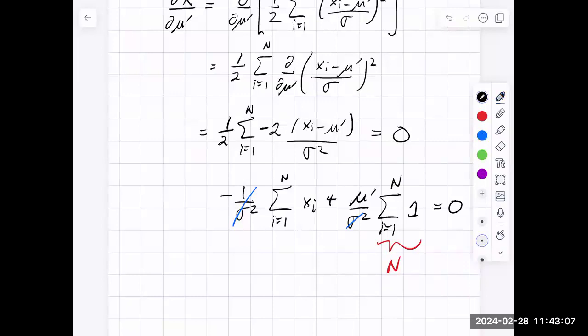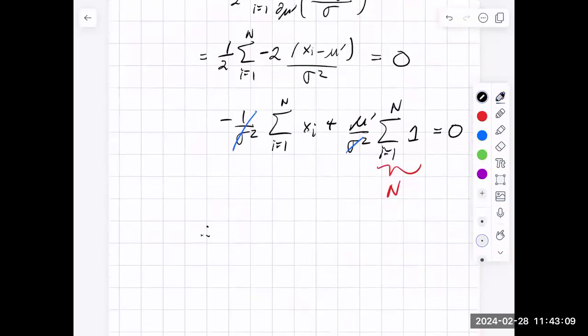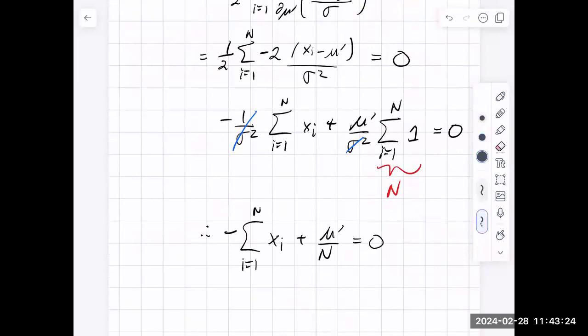And what we're left with is minus the sum of i equals 1 to n of xi plus mu prime over n is equal to 0. Sorry, not over n, it's times n, isn't it? It's mu prime times n is equal to 0. And all we do is solve for mu prime.